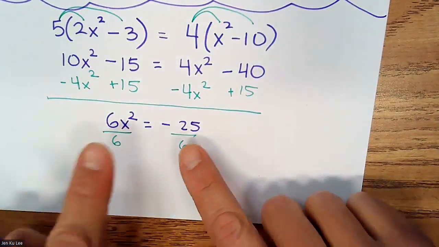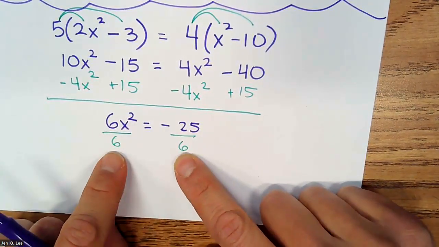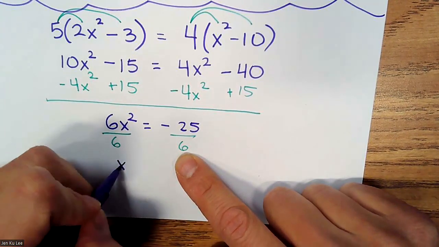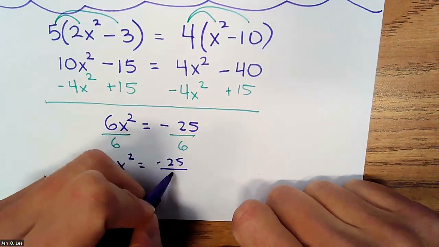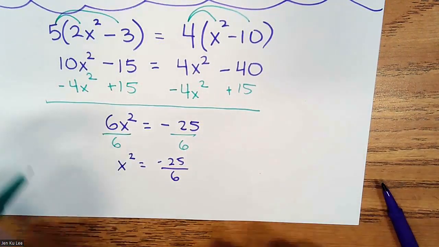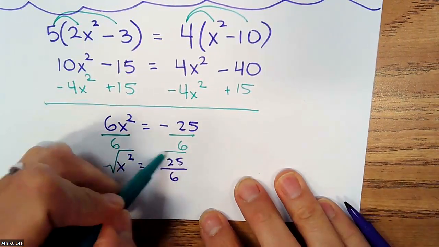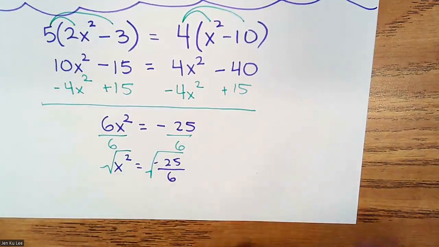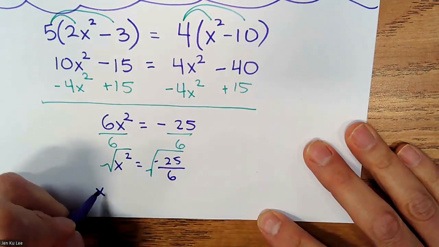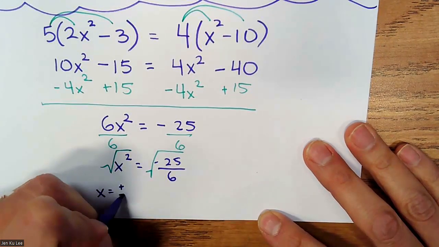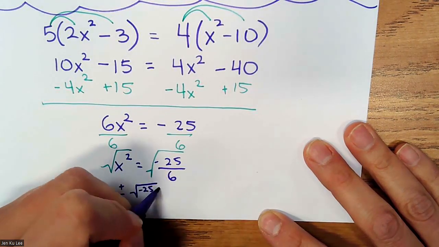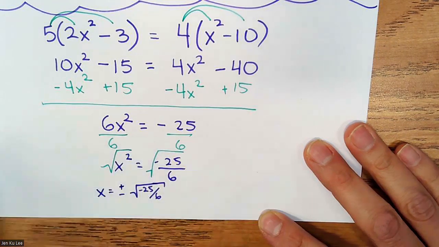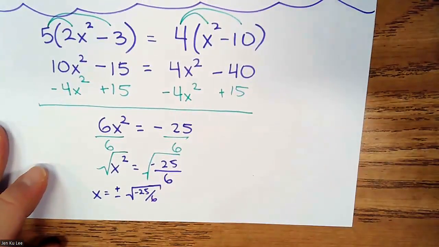Okay, so we ended up here. We divided it by 6. So then x squared equals negative 25 over 6. And then I'm going to square root it again. So x equals plus or minus square root of negative 25 over 6.